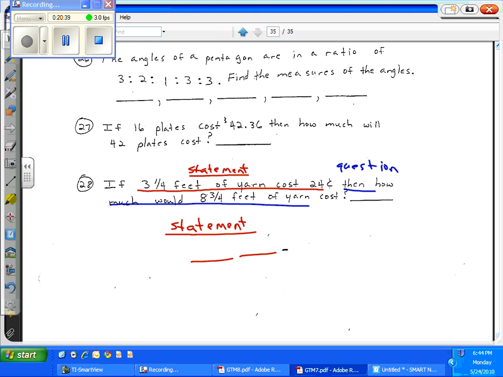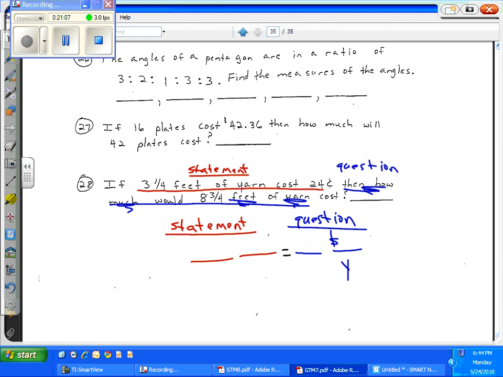Two comparisons of the same two items is a proportion. In a proportion, there has to be one that you know both of. We can call that the statement, the given. And then there's one you don't know both of, which would be the question. In the question, we want to know how much. We're talking about money. We go with so many feet of yarn.